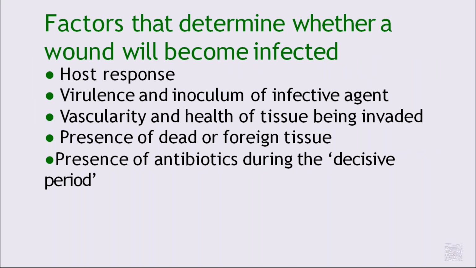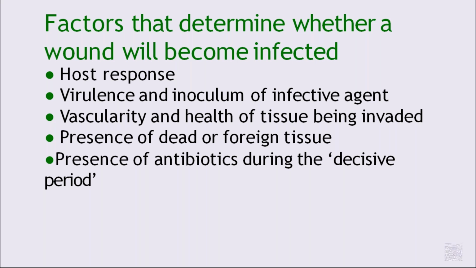Now, factors that determine whether a wound will become infected or not depend mainly on the host response, that is the immunity of that patient. Next is the virulence and inoculum of the infective agent. Then the vascularity and health of tissues being invaded.